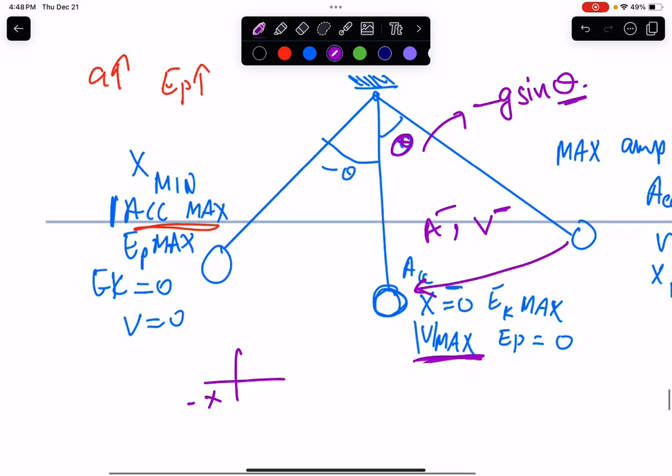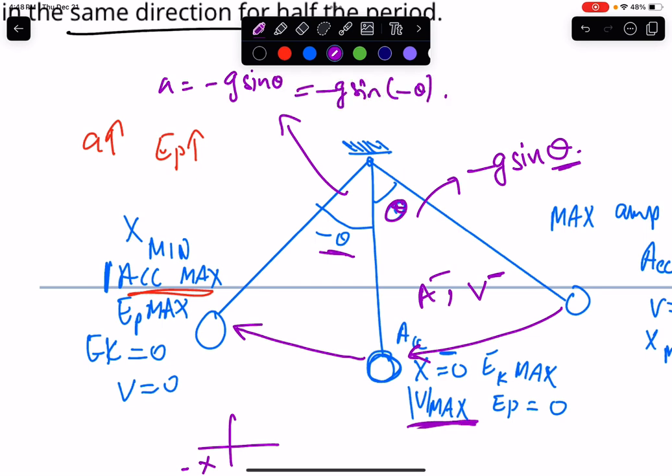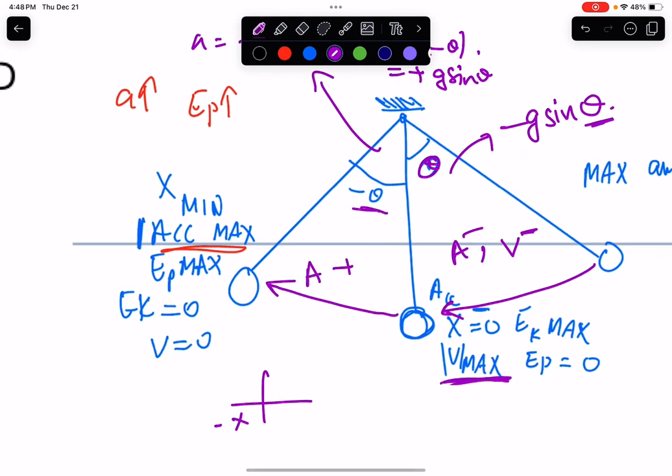Now when you enter this region, theta becomes negative. So the acceleration is negative g sine of negative theta, and negative g sine of negative theta just becomes positive g sine of theta. So in this region the acceleration becomes positive.